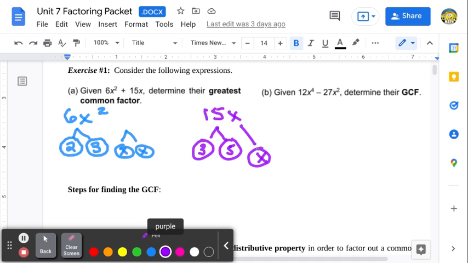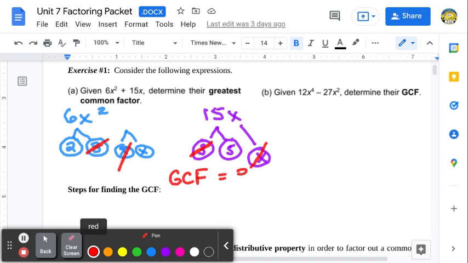To find my GCF now, I have to find out what matches in both. So I can pull a 3 out and an x out. So my GCF is 3x, because the 3 and the x match in both factor trees. That's one way to find your GCF.